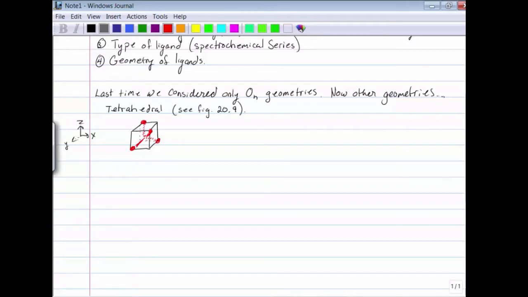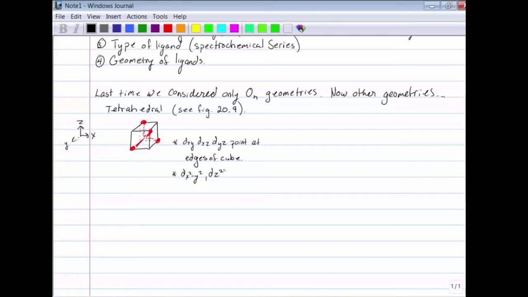Now, depending on which orbital you have, dxy, dxz, and dyz all point at edges of this cube, whereas the dx squared minus y squared and the dz squared all point at the centers of the faces of the cube.